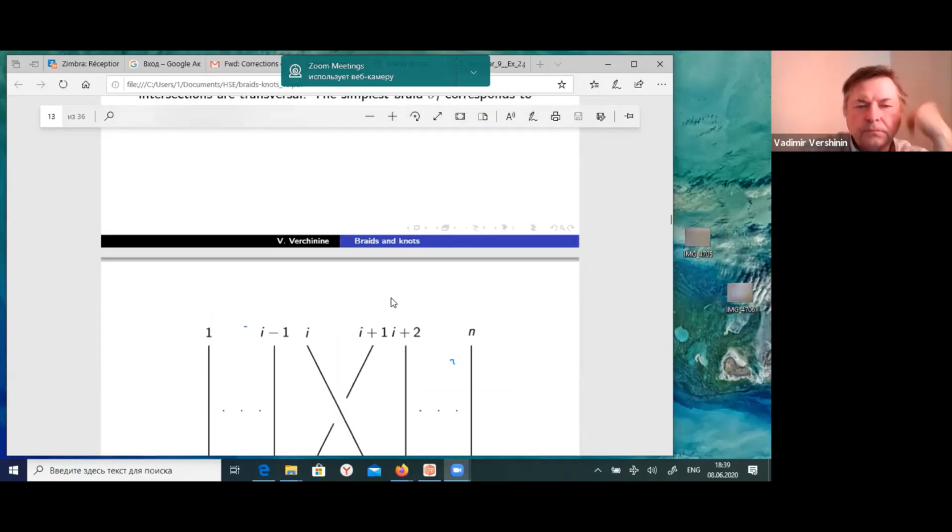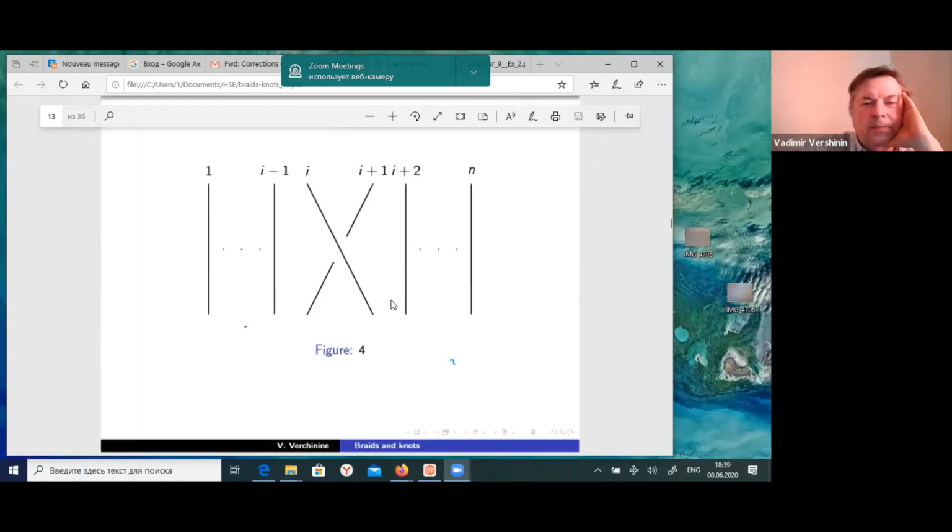So let us consider the following braids. This is positive. It depends on what time you are making what positive, what negative.